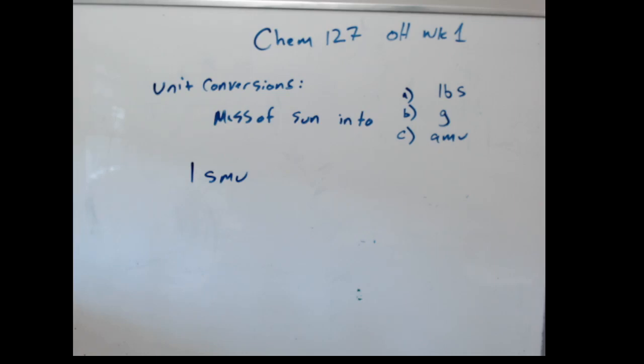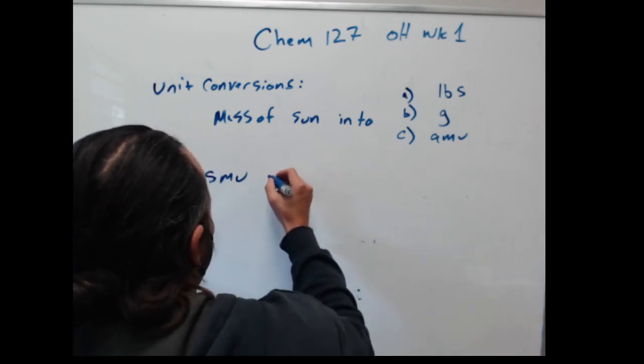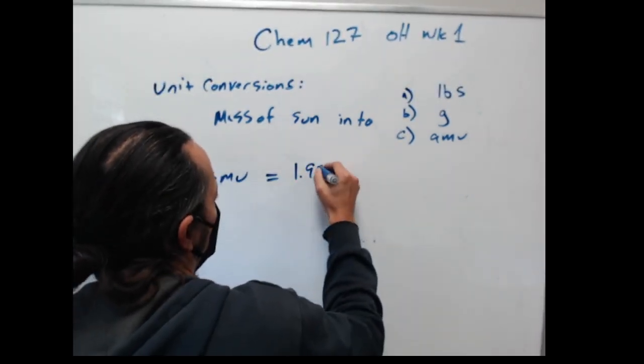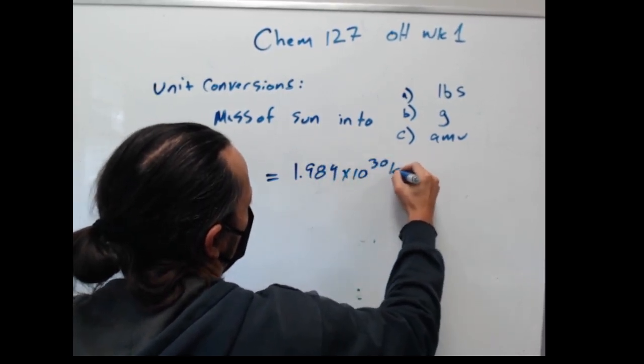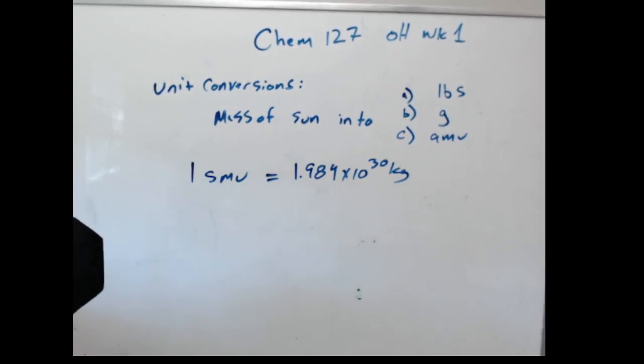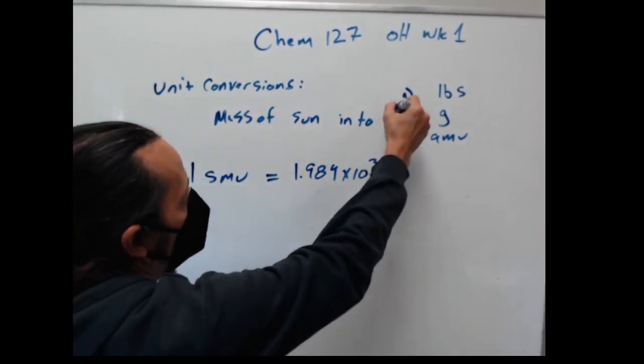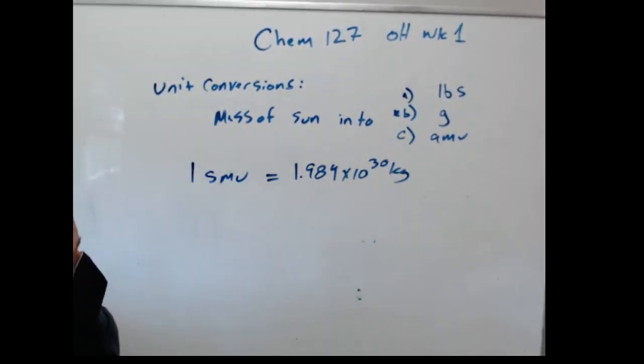That is weird. .989 times 10 to the 30. Okay, so I'm going to do B first because that one's going to be easier.